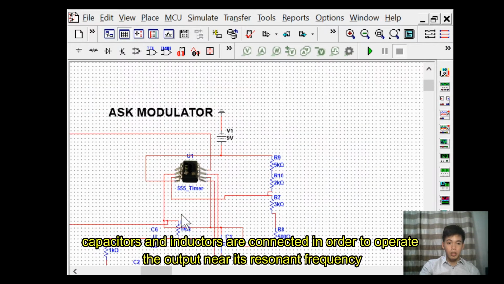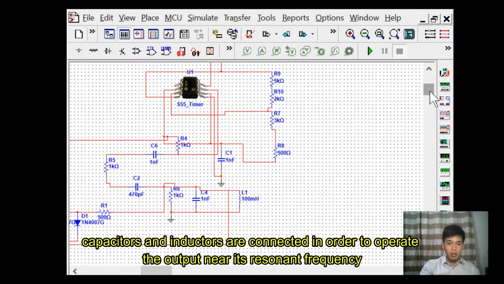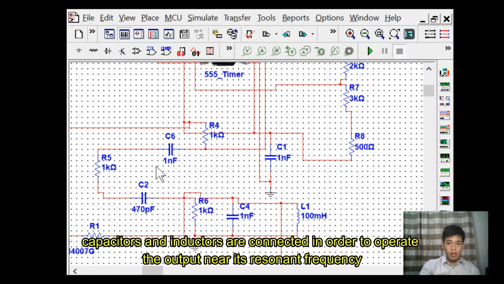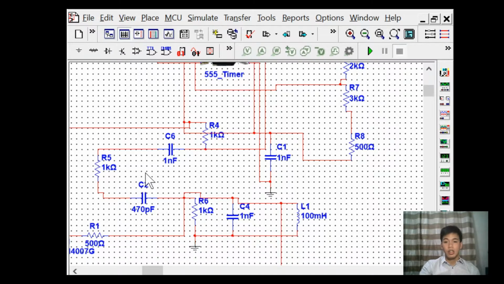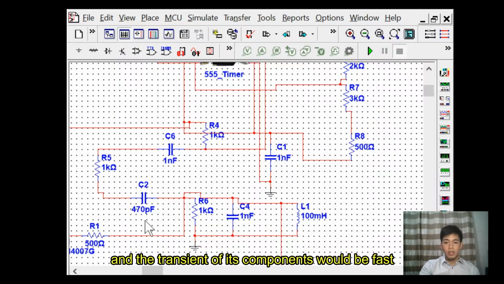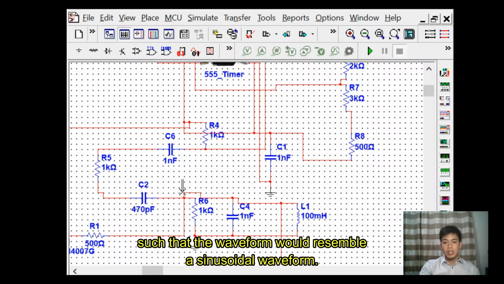capacitors and inductors are connected just here in order to operate the output near its resonant frequency, to make the output frequency stable, and the transient of its components would be fast, such that the waveform would resemble a sinusoidal wave.